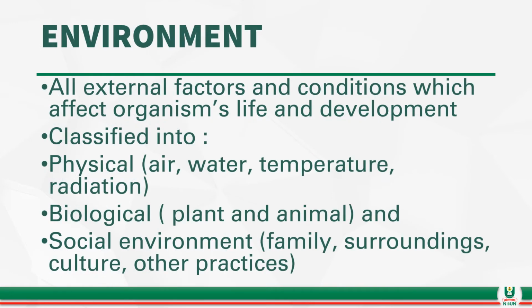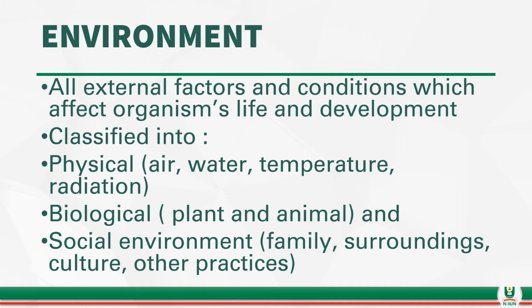So the environment, we had discussed the environment before. The environment, as one of the components of the epidemiologic triangle, consists of those external factors or conditions that affect organisms' life and development. Environment can be physical, biological, or social. The physical environment is the air, the water, the temperature, radiation.